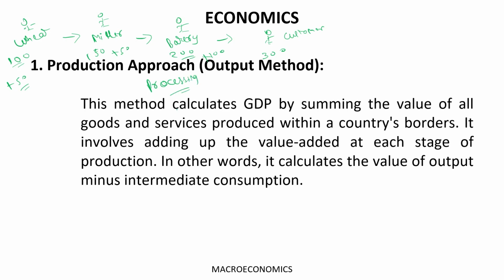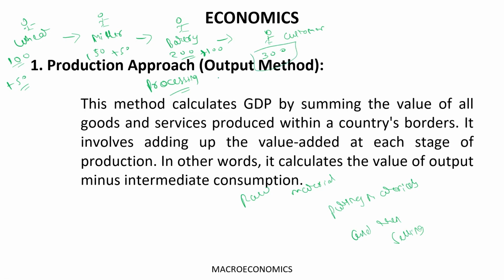If you have gone to a bakery, you must have seen that they are using raw material, putting other materials on it, and then selling it, right? So that's why the processing fee is applicable in the bakery case. So he puts 100 rupees as profit.